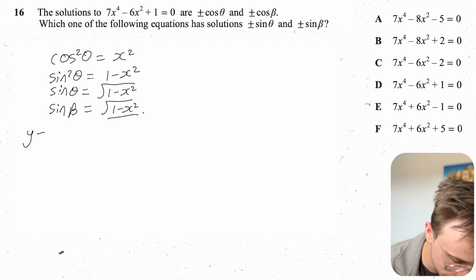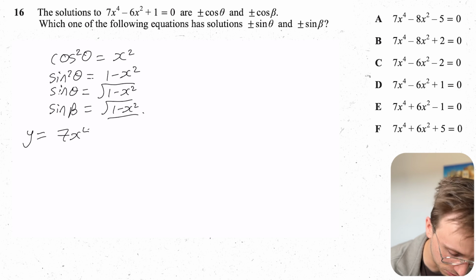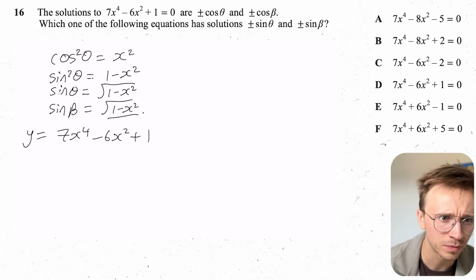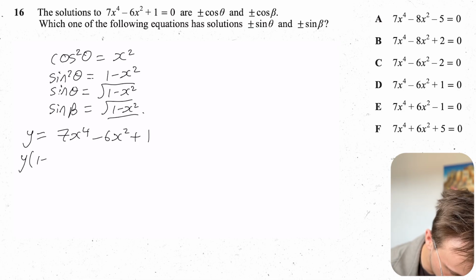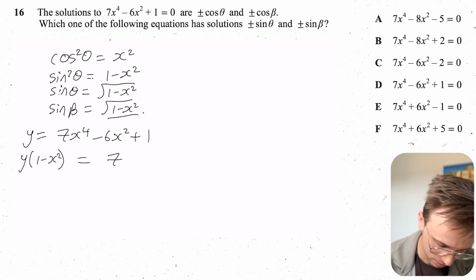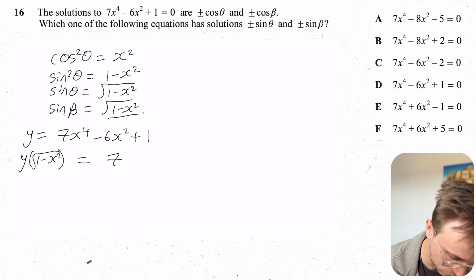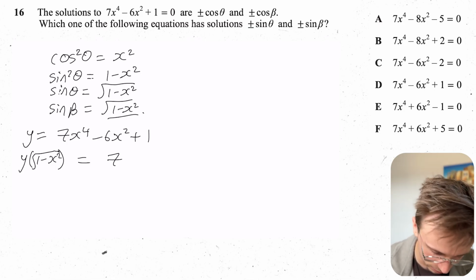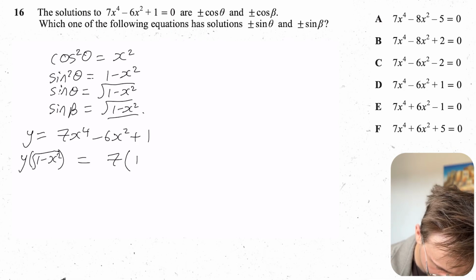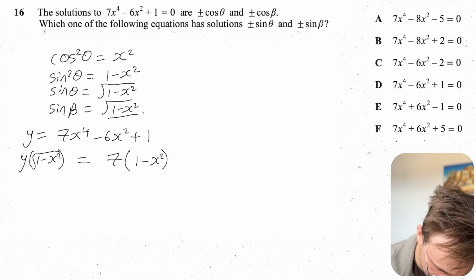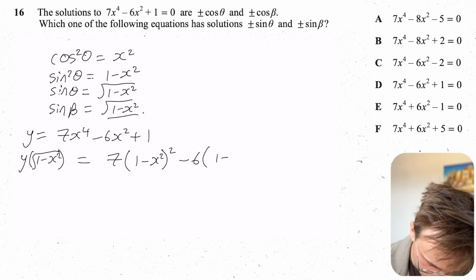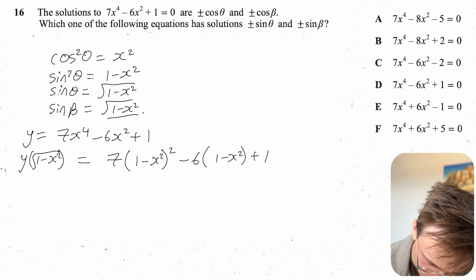So if y equals 7x to the 4 minus 6x squared plus 1, then I want to sub in x squared of 1 minus x squared. Technically square root of 1 minus x squared, but it doesn't really matter for this. And so that will be 7 times 1 minus x squared, squared, minus 6 times 1 minus x squared plus 1.